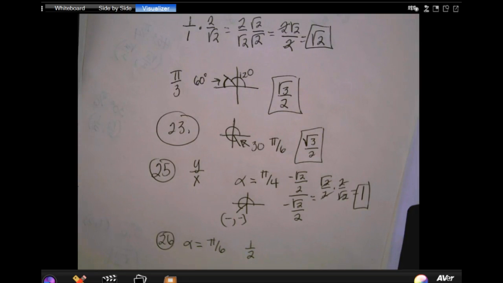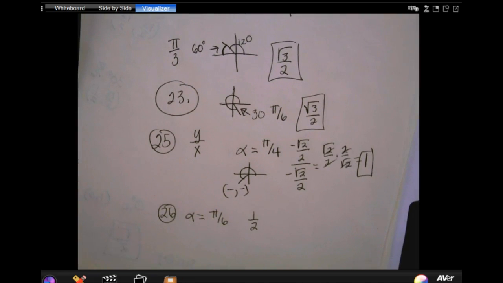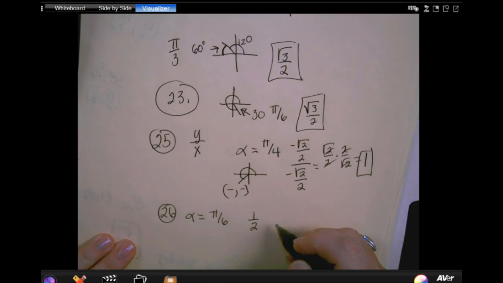Pi over 6 is 30 degrees. Below is 1, so it's a half. Cosine is the x. Cosine is up. Sine is down. 7 pi over 6.